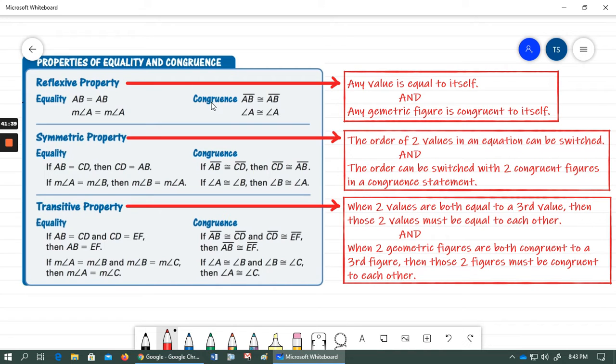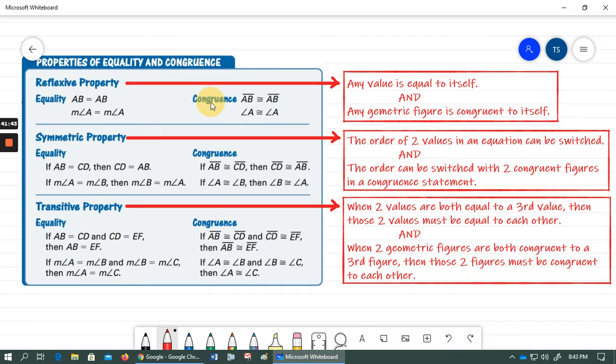Okay, and then they've got the same kind of situation set up with these congruent statements. They've got here that segment AB is congruent to segment AB. So it's congruent to itself. The segment itself, the geometric figure, is congruent to itself, right? And then they've got angle A is congruent to itself.